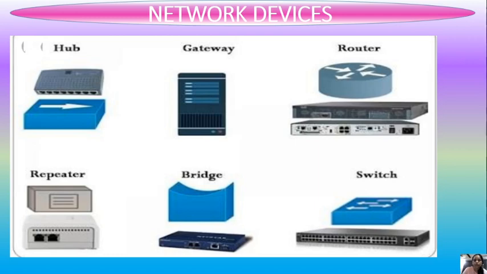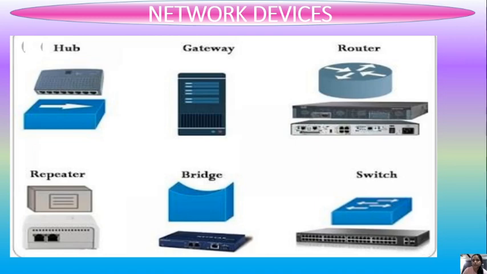Here you can see the network devices we have discussed in our previous videos: hub, gateway, router, repeater, bridge, switch. These are network devices. Hub works at the physical layer. Gateway works at the network layer.